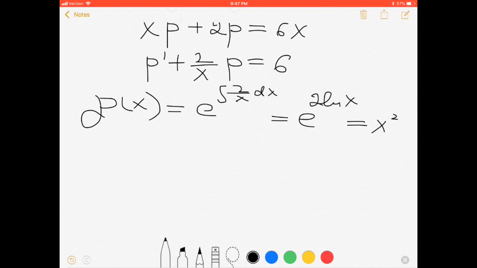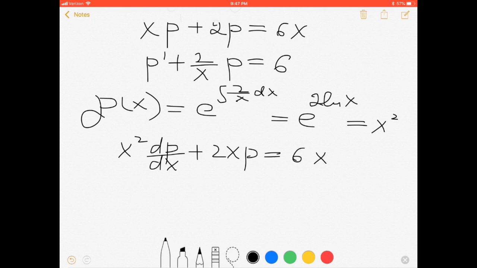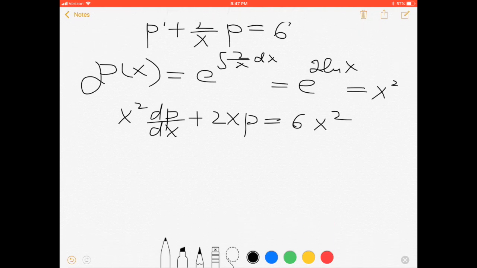Multiplied by x squared, we have x squared dp/dx plus 2x p equals 6x squared. The left part is the whole differential of x squared p, and for the right part we take its integral. We have the integral of 6x squared dx.